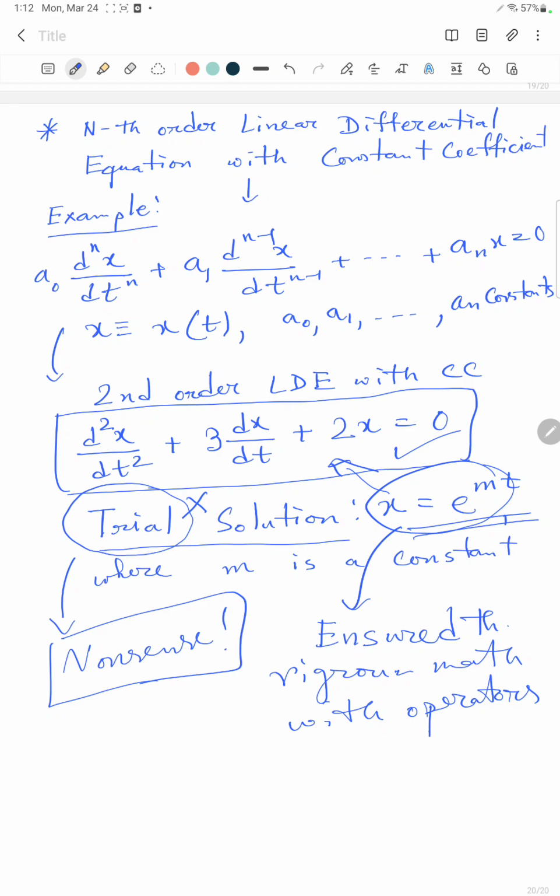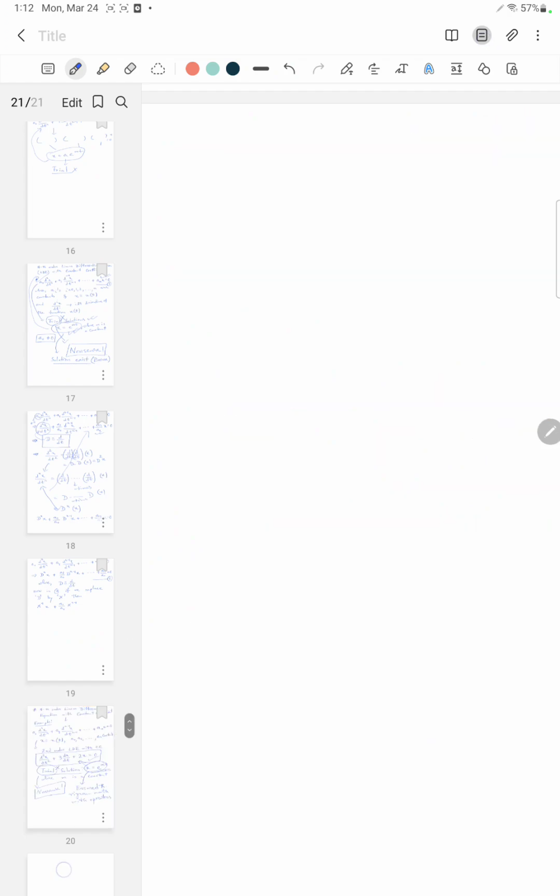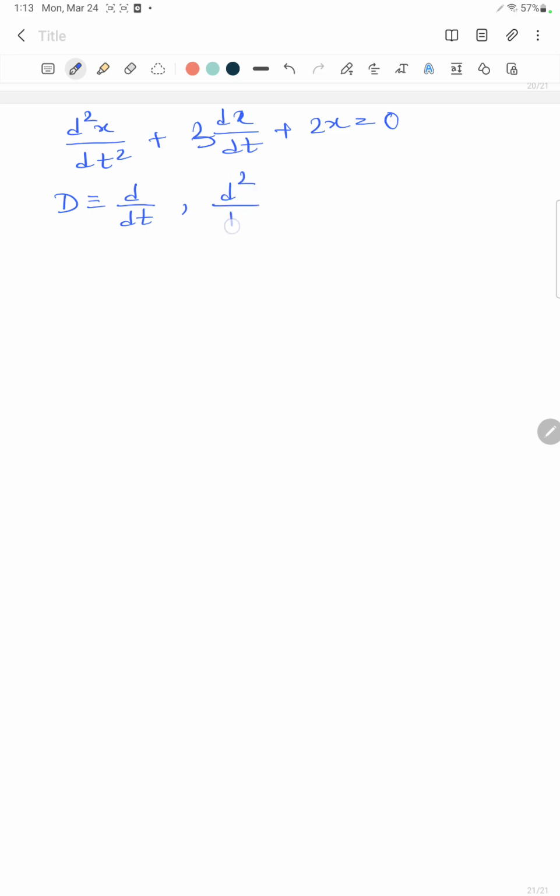Let us start with our differential equation, that is d2x/dt2 plus 3 dx/dt plus 2x equal to 0. Now let us call this capital D to be the differential operator d/dt. Then what is your second derivative d2/dt2? For the second derivative of x, you are basically applying this d/dt operator twice on x.